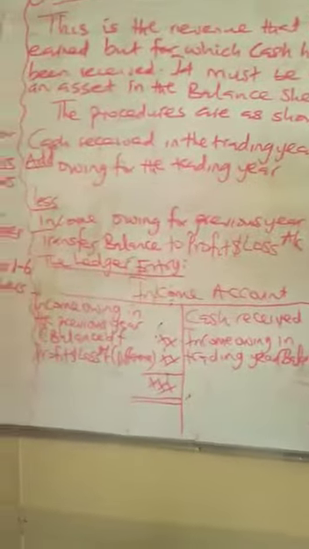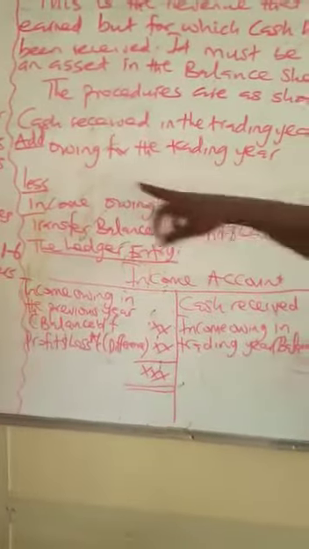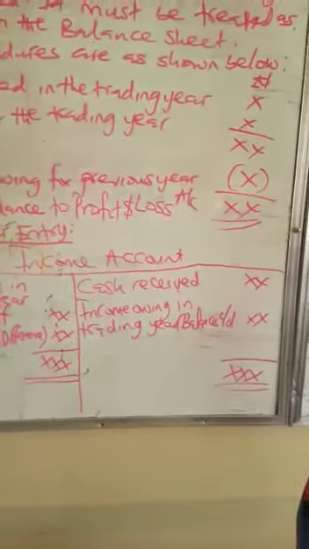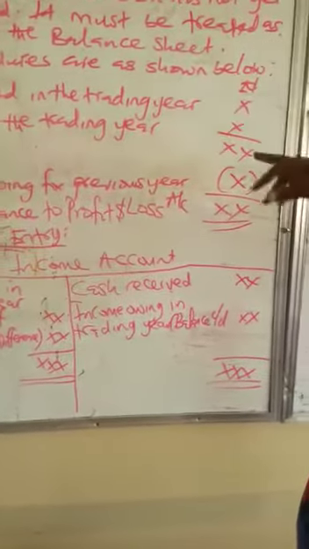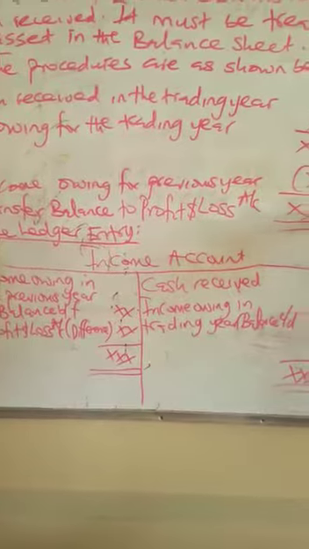The 1,800 is the cash you receive in the year. The 400 is the owing for the year. You will add it. Less income owing for previous years. Assuming it's owing like 300 naira in the previous year, you will take it away. So the balance is what you will transfer to the income side, the credit side of your profit and loss account.